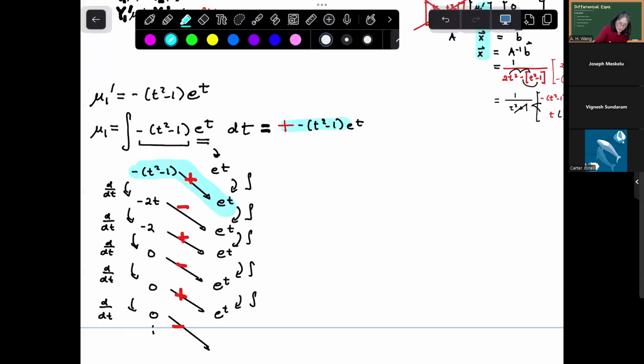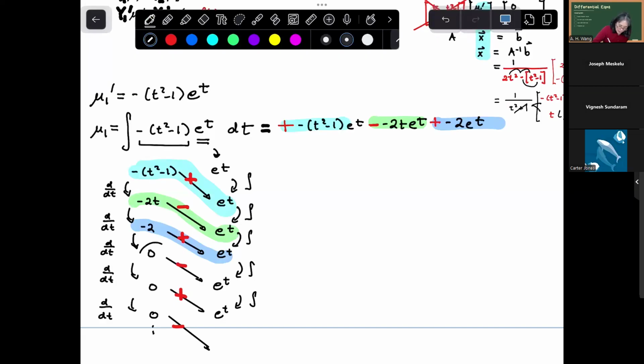Now you're going to do the next one. Multiply it out, and notice you have a minus, and then you have negative 2t e to the t. Then you have this times this, and notice you have a plus, and then minus 2 e to the t.